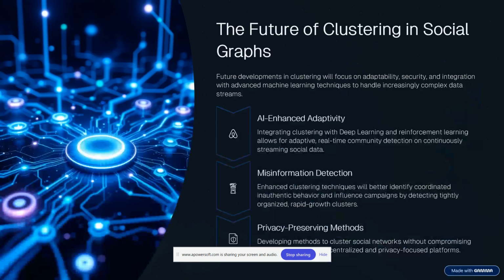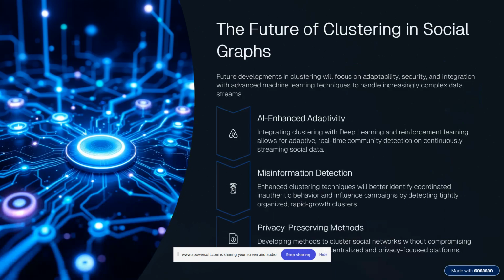Future of clustering in social graphs. Future developments in clustering will focus on adaptability, security, and integration with advanced machine learning techniques to handle increasingly complex data streams. AI enhanced adaptability.